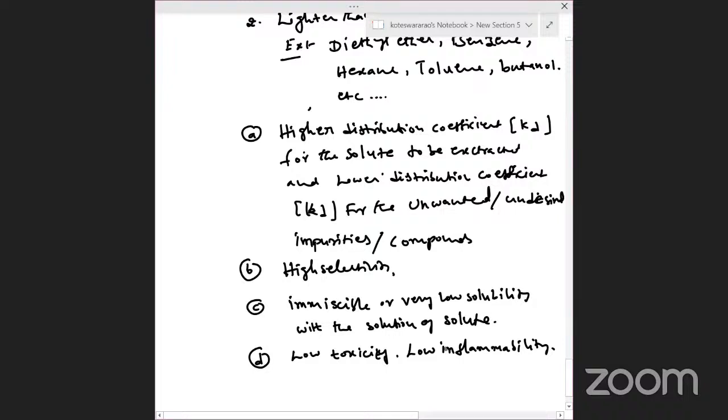Most of them are highly flammable. Due to that reason, while you are working with those solvents, you should take maximum care. Therefore, whenever we are going to select the solvent, we have more choices from which we need to select a low flammability solvent.